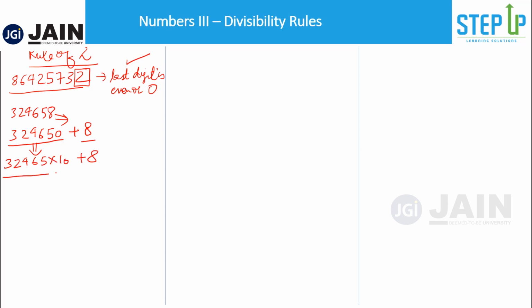So if I have to check this number's divisibility by 2, I don't have to worry about this part, because 10 is made up of 5 into 2. That means I need not check divisibility of this whole part by 2. This will obviously be divisible by 2 because you have 10 here as a multiple. So all you have to do is check the unit digit, whether that's divisible by 2 or not.